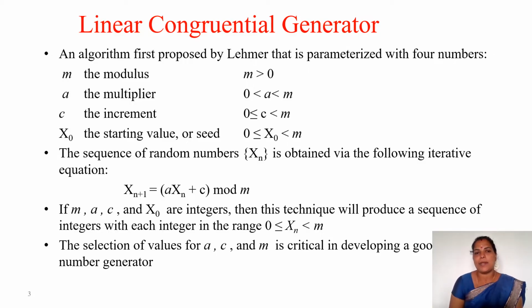In the last presentation, we discussed random number generators. We have three types: the true random number generator, the pseudo random number generator, and the pseudo random function. Generally, the input to the true random number generator is the entropy source.